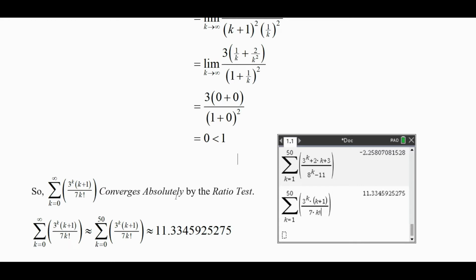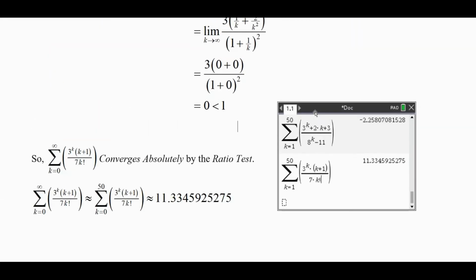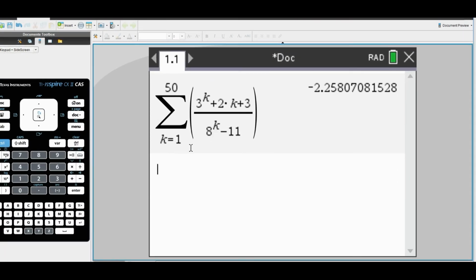The directions say to approximate this as well with a sum of the first 50 terms. And it looks like I summed it from 1 to 50, not from 0 to 50. So let me redo that. Okay.